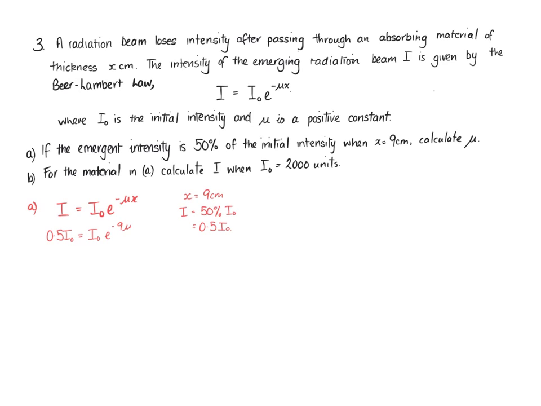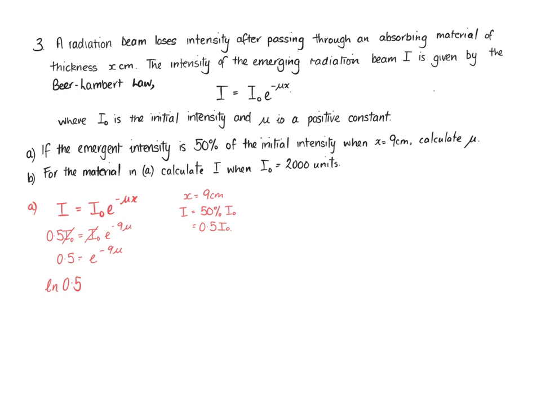That's just substituting in the values we've got from the question. Then, because we've got an I naught on both sides, we can cancel them out. So we just get 0.5 is equal to e to the negative 9 mu. Now we take the natural log of both sides, because that's going to help us get rid of our e.